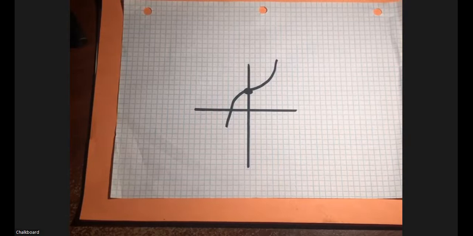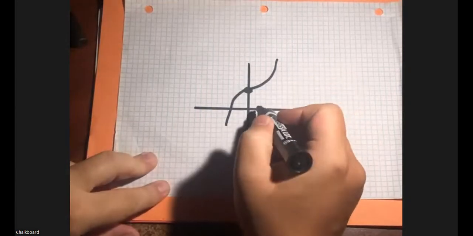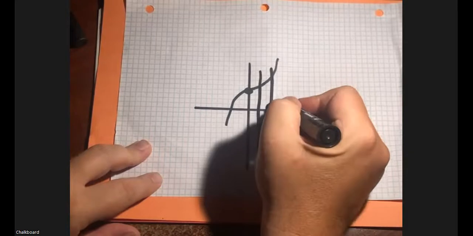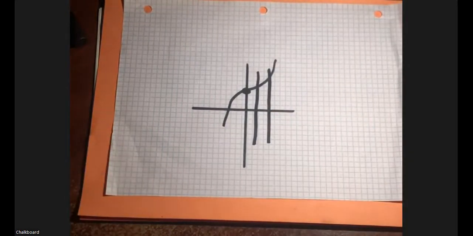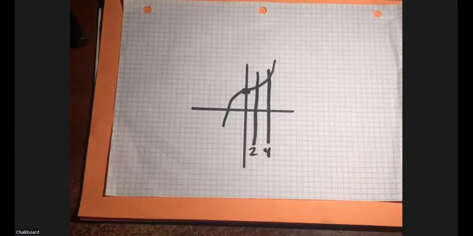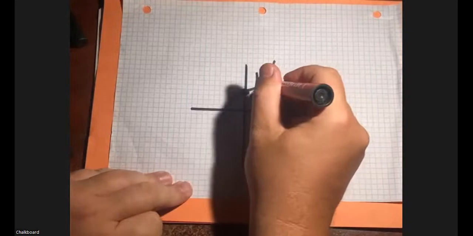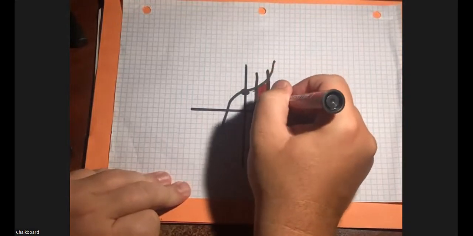And if you think about that place from 2 to 4, this is 2, and this is 4. And you consider this particular area that is enclosed right here.